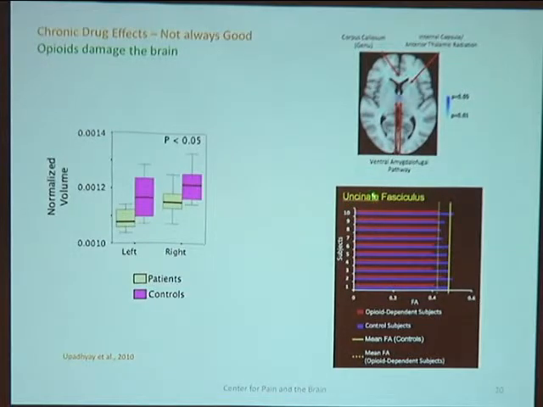So the uncinate fasciculus comes out of one of the amygdala nuclei, and you can see all the red group here are the opioid-dependent subjects, and their white tracts are much more abnormal than the healthy controls.